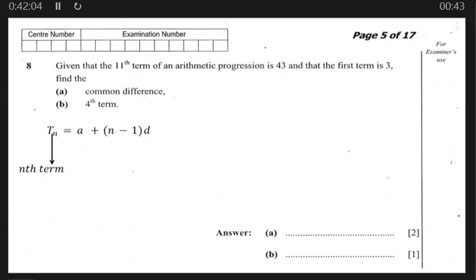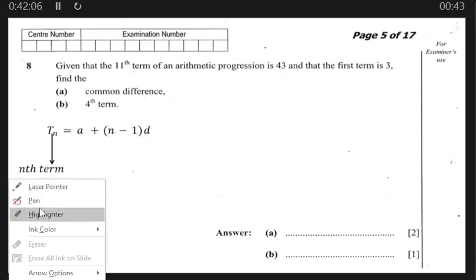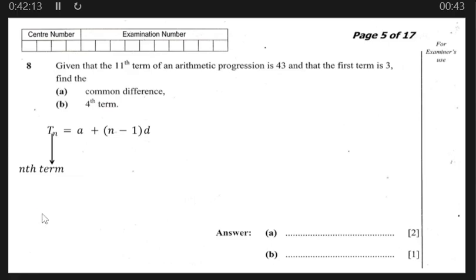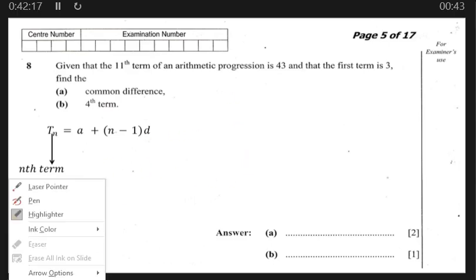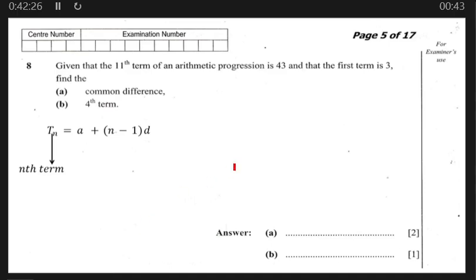So for example, an arithmetic progression actually is a sequence of numbers with a common difference. All right, I need the color so that you see properly. So an arithmetic progression is like this one, like 1, 2, 3, 4.